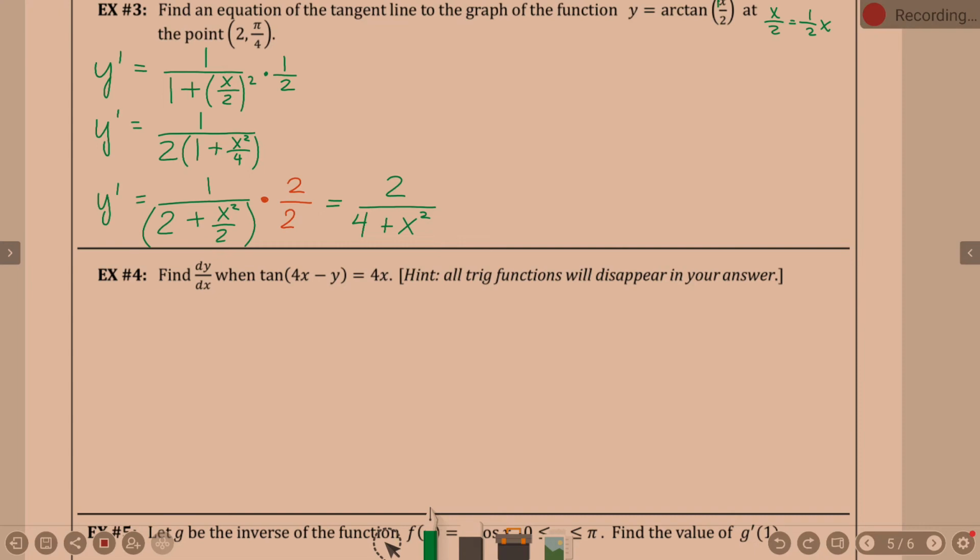Equation of the tangent line at the point 2, comma, pi over 4. So, we need to find the slope, which means I'm going to take dy dx, or y prime, and I'm going to evaluate it at the point 2, comma, pi over 4, which is really just the 2, isn't it? 2 over 4 plus 2 squared.